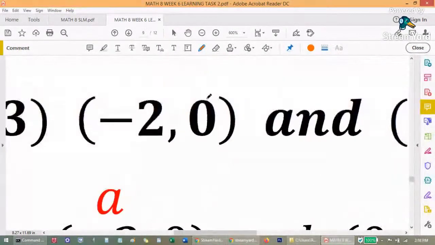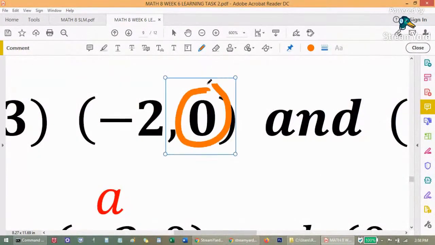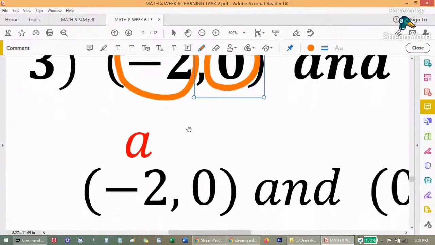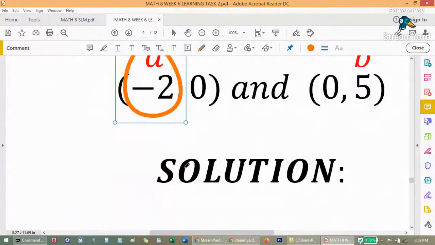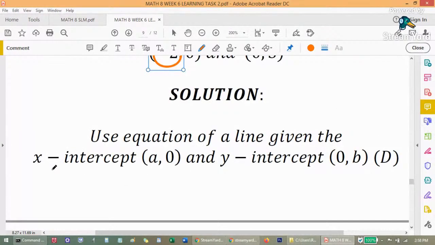So ang isang to is 0 ang y, merong value ang x, ibig sabihin, itong negative 2 is the x-intercept. Kaya letter A siya. Okay, letter A, x-intercept.